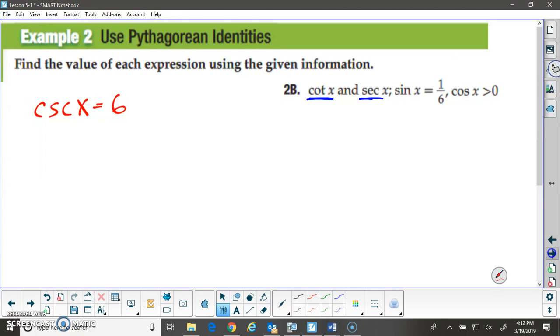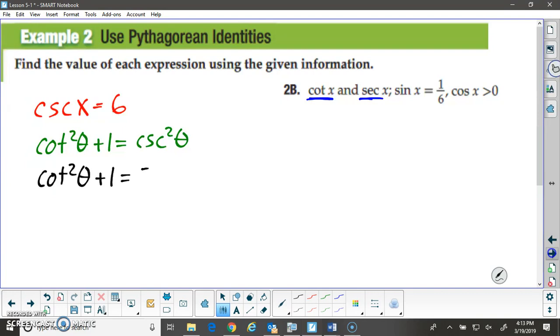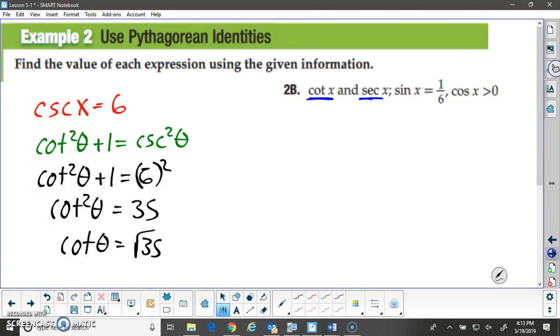If I use that with this Pythagorean identity, we should be able to find the cotangent value. So let's see here, that's going to give us cotangent squared equals 36 minus 1 is 35. And so the cotangent of theta would be the square root of 35.